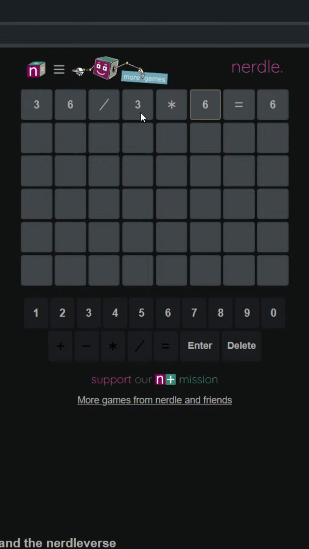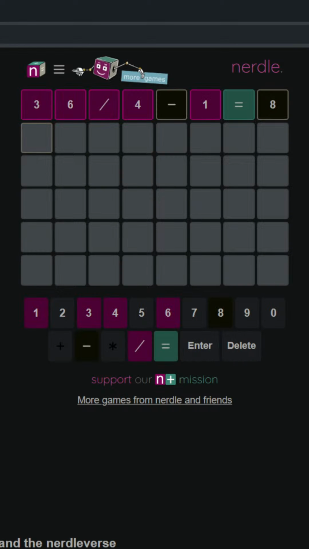That's too big then. Well, 36 divided by 4 is 9. Minus 1 is 8. This is a pretty good one. We have a lot of numbers being used here, but it should be fairly effective. Okay. Yeah, this gave us a lot of information.